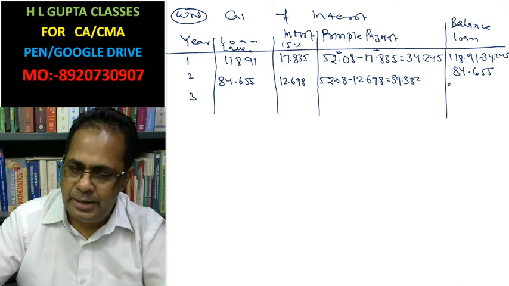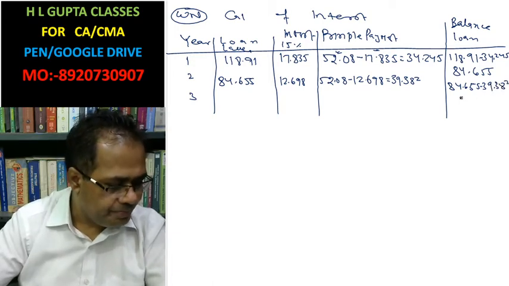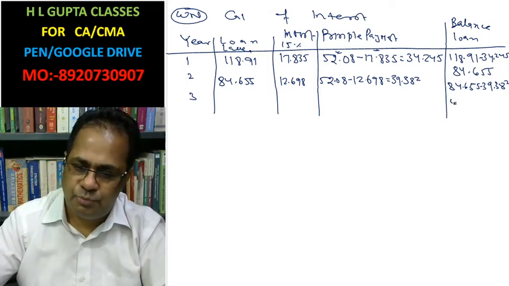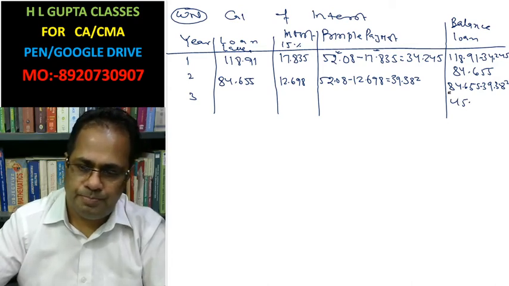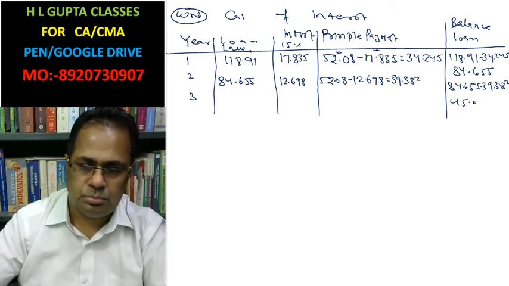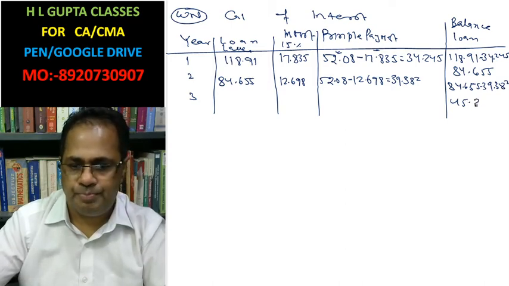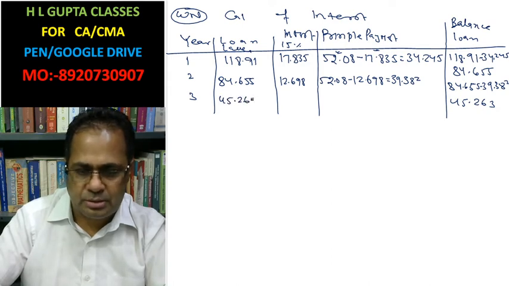Now 84.655 minus 39.382, the balance loan is 45.263.